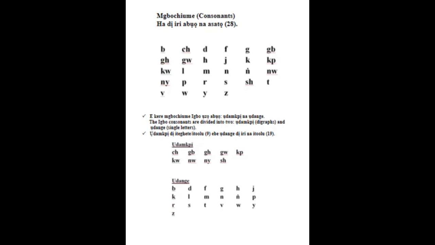Ndị a bụ ụdange Igbo. These are the single letters in Igbo. I hope that is clear. If you have any questions, please forward them and they will be attended to. All right, we go over to the next slide.